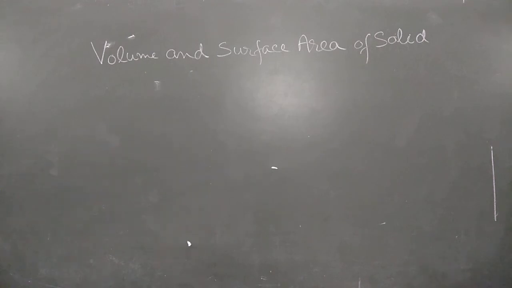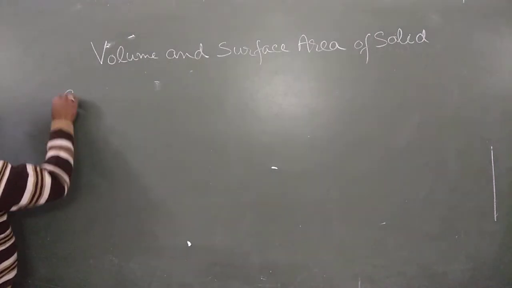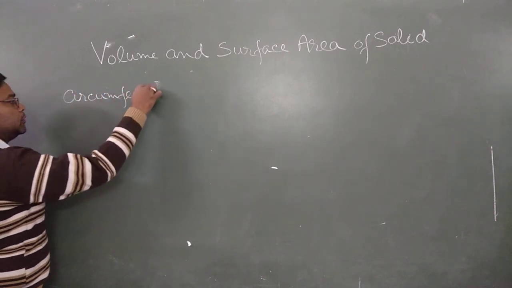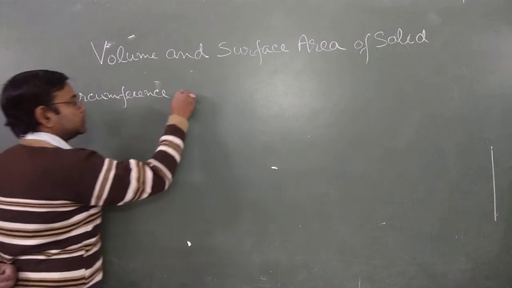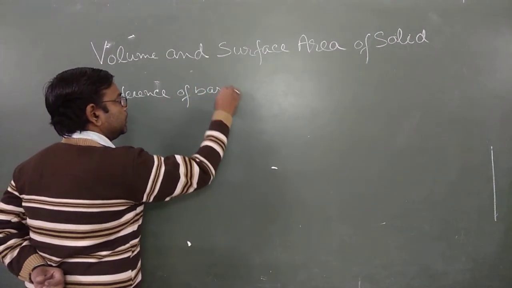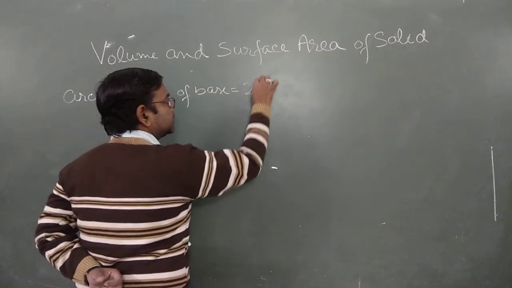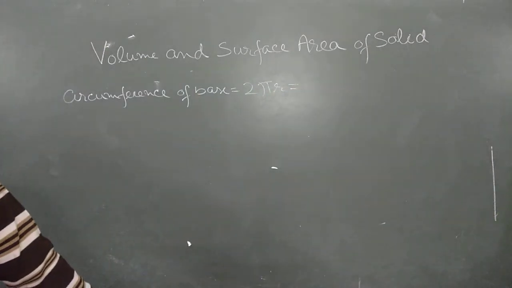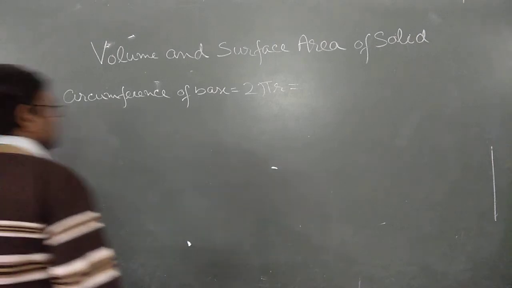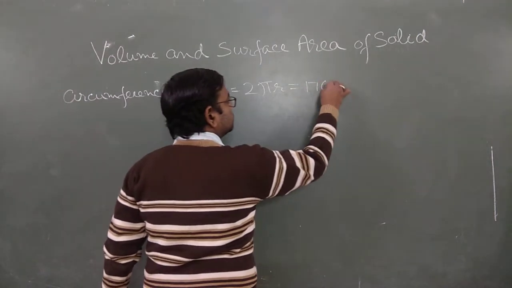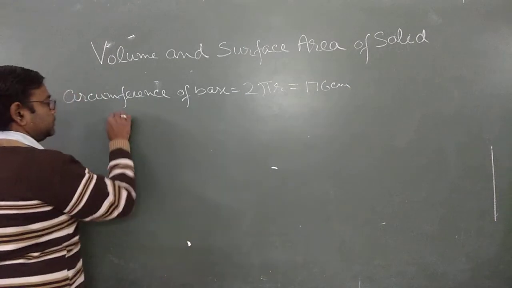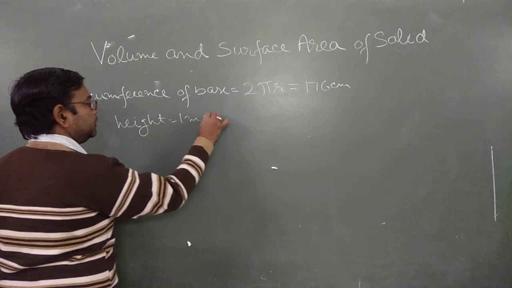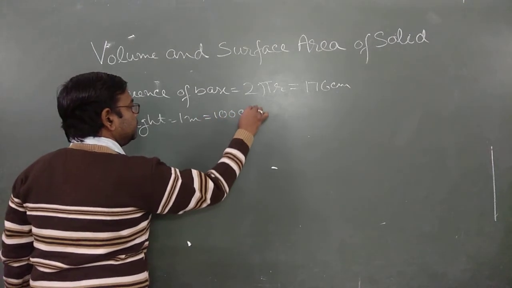In this question, it is given to you the circumference of the base of a right circular cylinder, 2 pi r, equals 176 centimeter, and height is 1 meter, which means 100 centimeter.